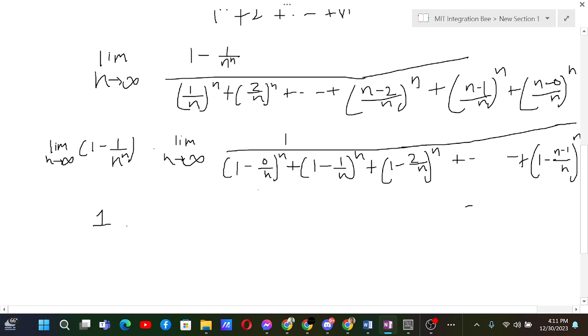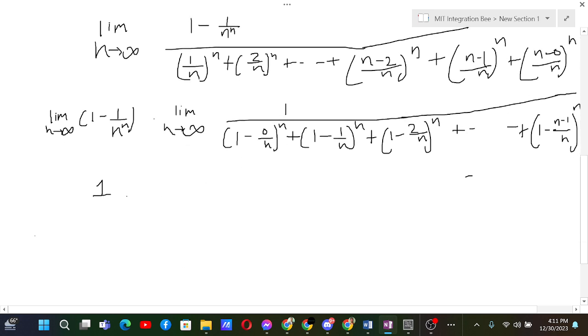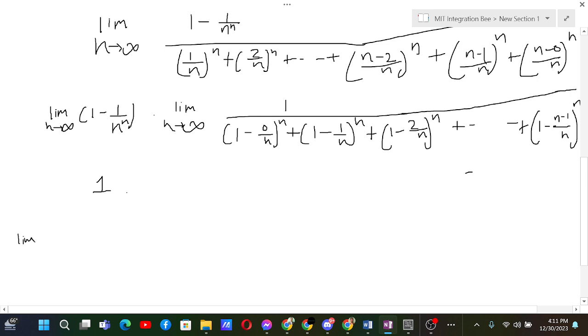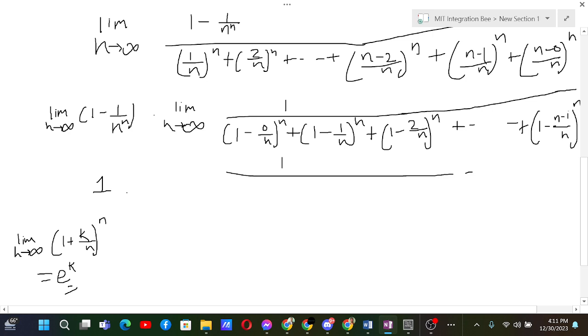And for this one over here, we know that the limit as n tends to infinity of (1 plus k by n) to the power n is just e to the power k, isn't it? So this is in the same form. Since n is going to infinity, the number of terms will actually be infinite, because the last term will have infinity by n.